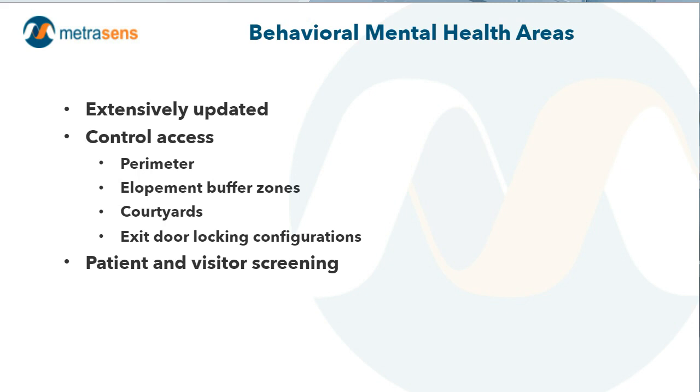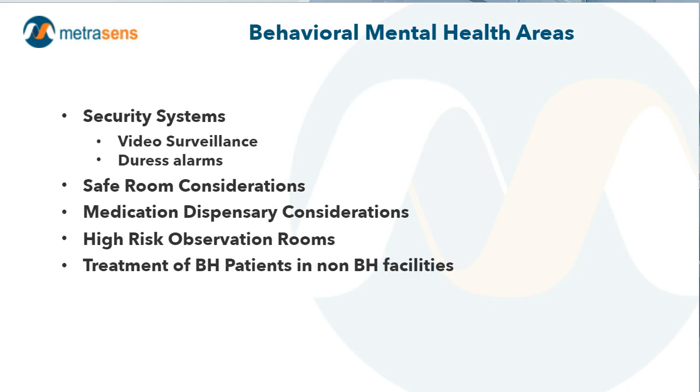But we also want to look very closely at patient and visitor screening, security systems, video surveillance, duress alarms. There's some very specific information about those in this new guideline. A new addition is safe room considerations. Some places are installing safe rooms for when there's really an adverse event.